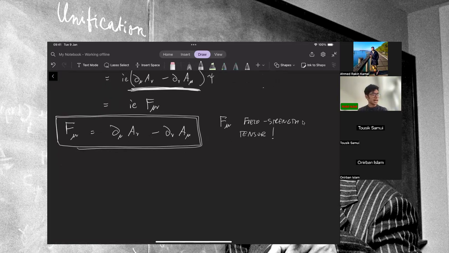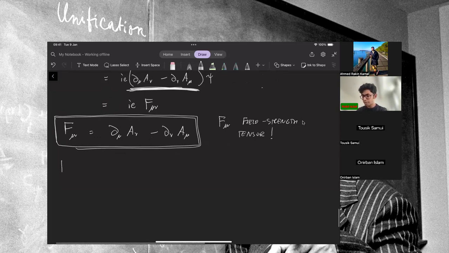Okay. And how do we know that it's gauge invariant? Well, purely abstractly, we know this. So F mu nu must be gauge invariant. Why?